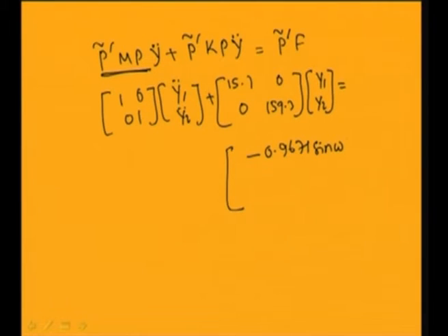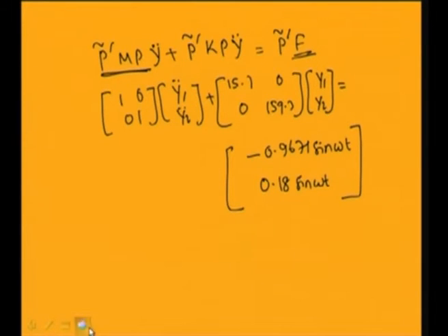I have taken F equal to 1, so this F is the F vector, so minus 0.9671 sin omega t and this becomes 0.18 sin omega t.